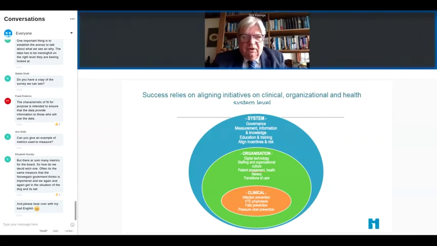Because in all of these reports, there is a perspective where the OECD tries to align what is happening on the clinical level with patient safety, thinking about infection prevention, venous thrombosis, embolus, falls prevention, how that links to the overall organizational perspective.